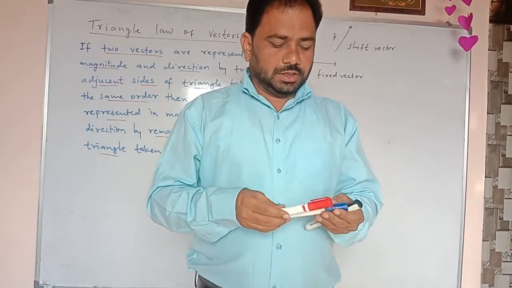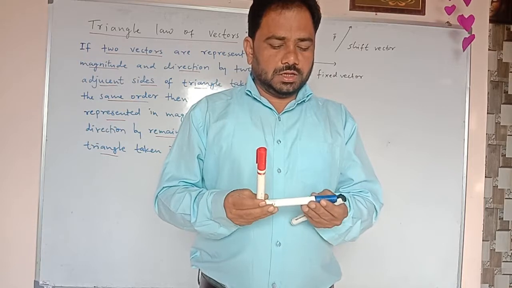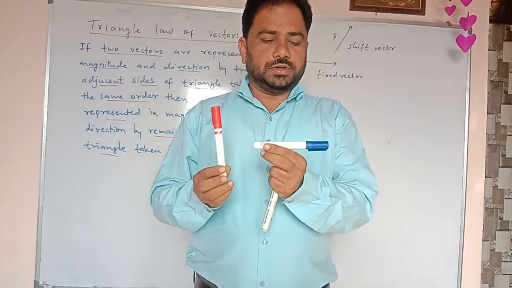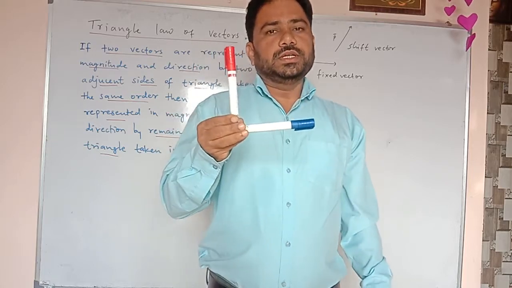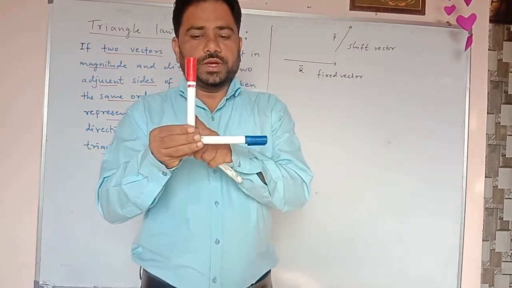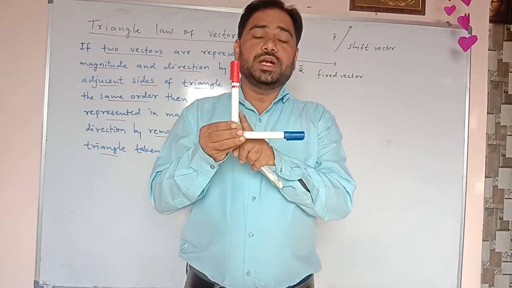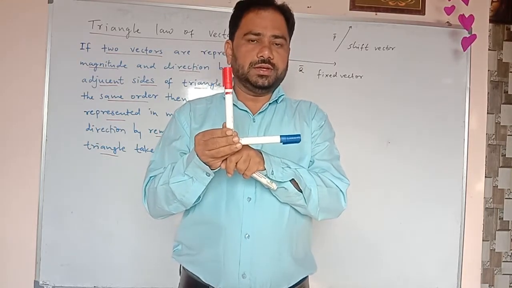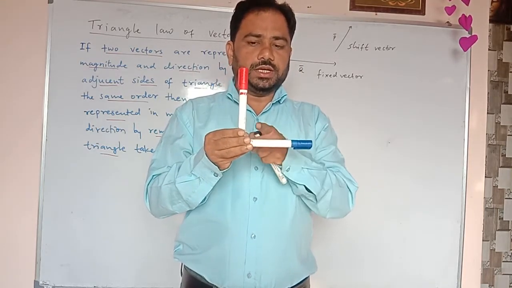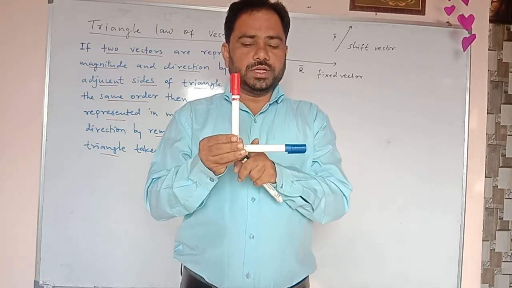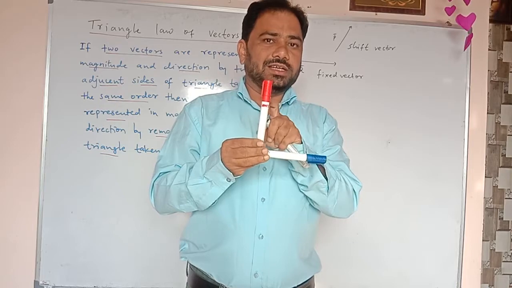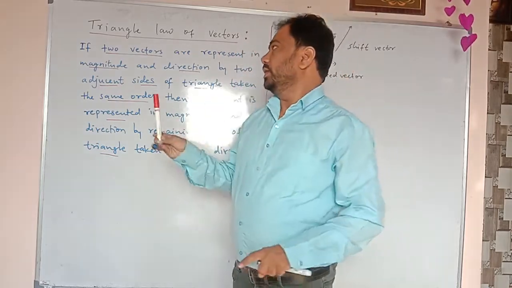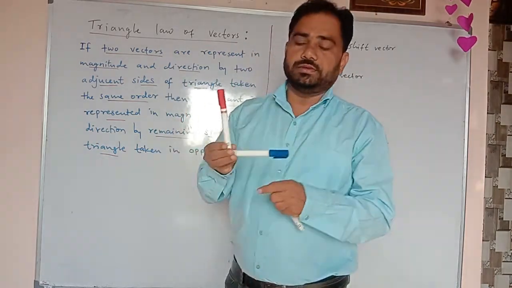Now see, what is the triangle? Suppose these two vectors are given to us, this one and this one. These two vectors are considered as two adjacent sides of the triangle, the first vector and the second vector, according to the statement of the triangle law.